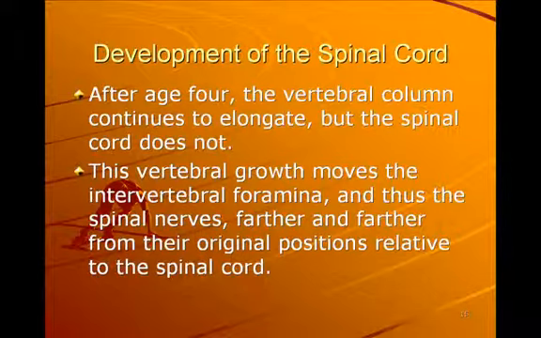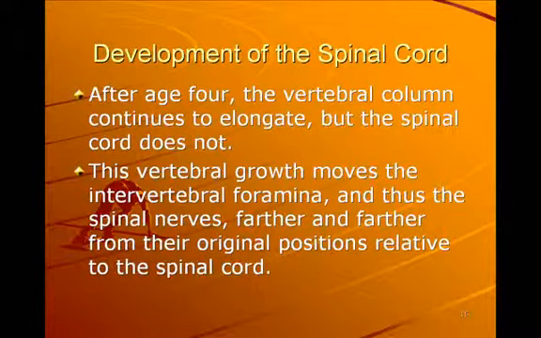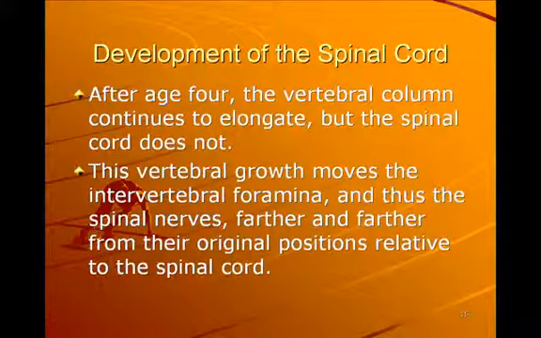Because the column itself is going to continue to grow and the spinal cord will not, you'll see most of the spinal nerves come out and go down in relationship to the spinal column. Also, because the spinal column continues to grow and the cord does not, typically at about the level of L1 or L2, there is a space in the lumbar region of the vertebral column.